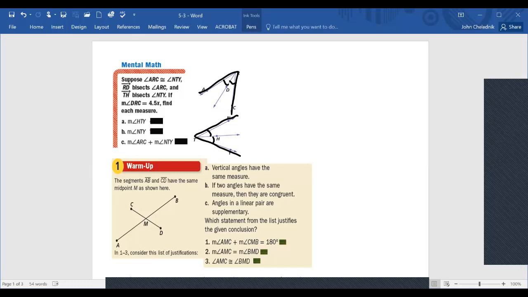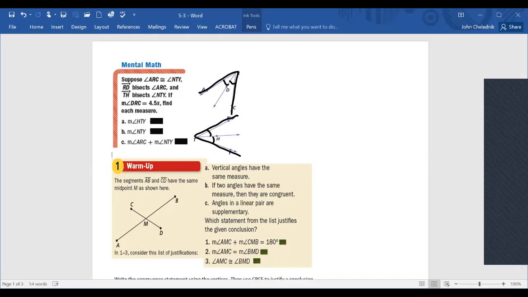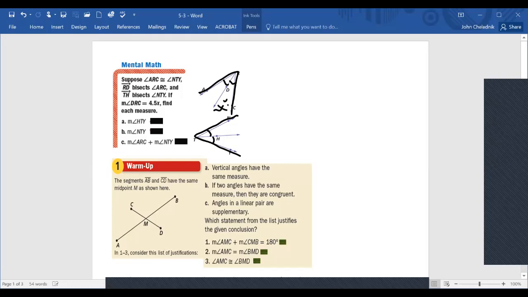are equal. This angle DRC is 4.5x. I'm going to write that there. Wait, that means all of them are 4.5x. Each one of those little four angles is 4.5x. So find each measure. HTY, that would be 4.5x. NTY, okay, that's this.